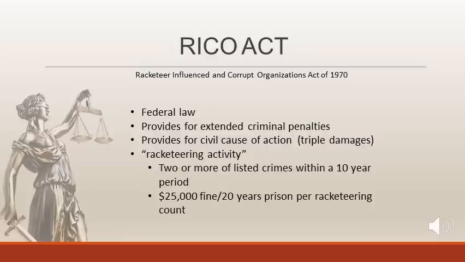And along with that, you get a $25,000 fine for each racketeering activity count and 20 years of prison per count. So that's a lot of time in prison. So many of these big entrepreneur type leaders in these syndicate families are a little intimidated by the RICO Act.